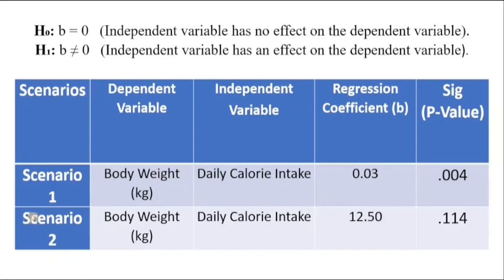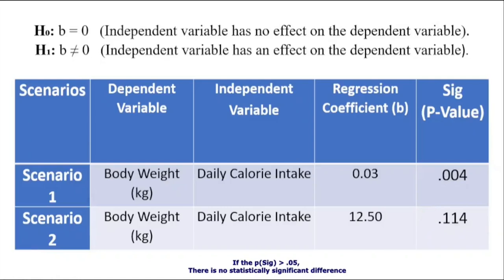In scenario 2, the regression coefficient b is 12.50 kg, showing that for every additional 1 kilocalorie consumed daily, body weight increases by 12.50 kg on average. The p-value is 0.114, and according to the general rule, if the p-value is greater than 0.05, there is no statistically significant difference. This indicates that the result is not statistically significant in the model.